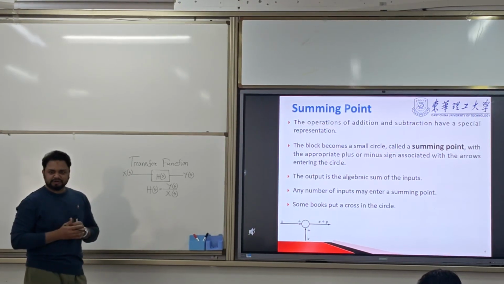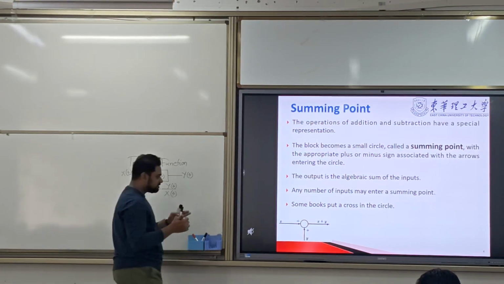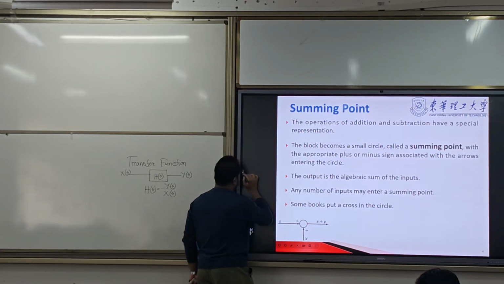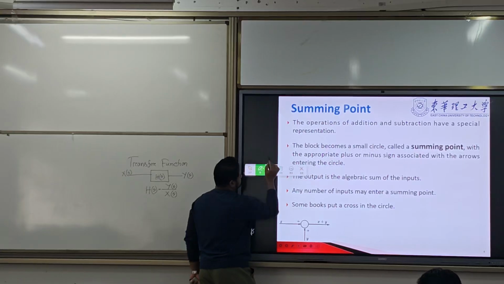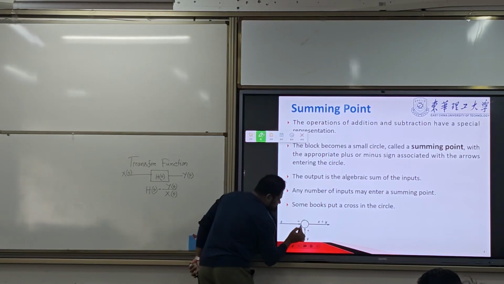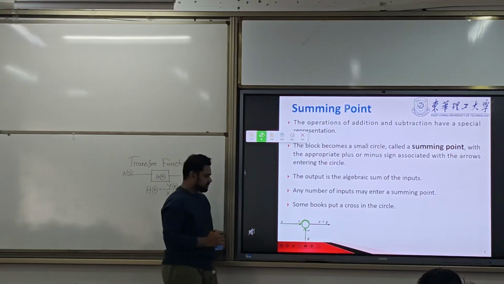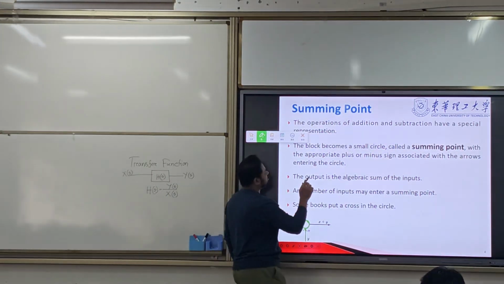A summing point is a point where the information will join. x is going here, y is going here. We do not define it by a rectangle block, we define it by a circle.